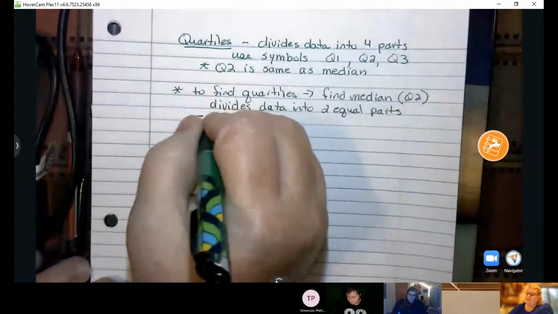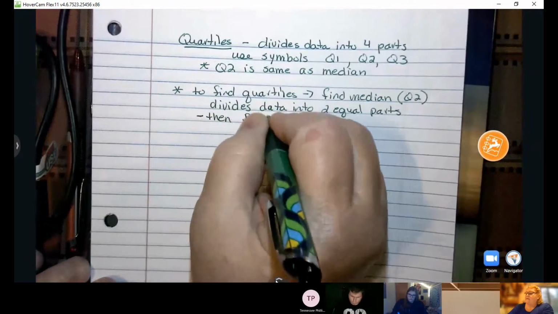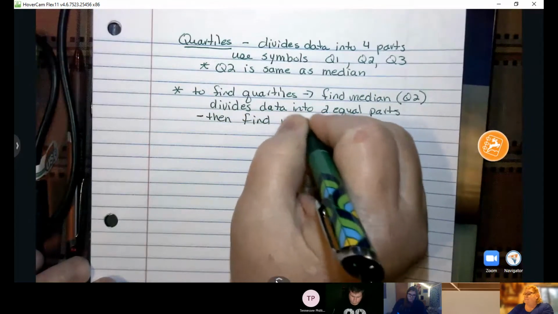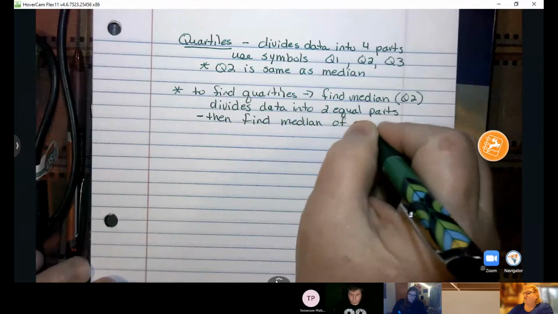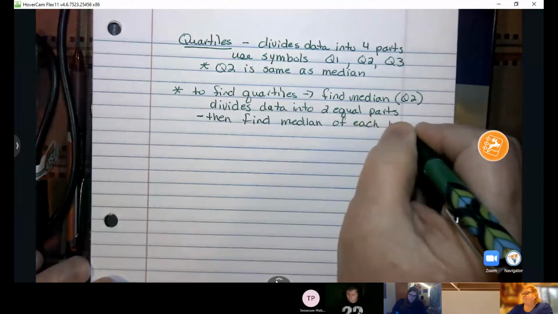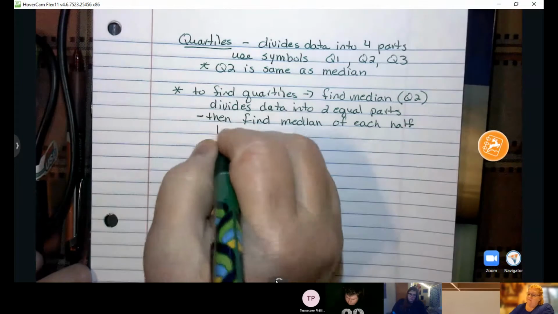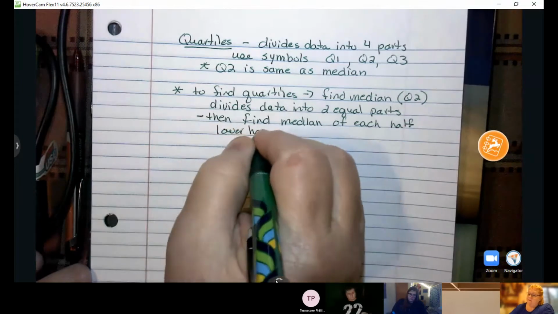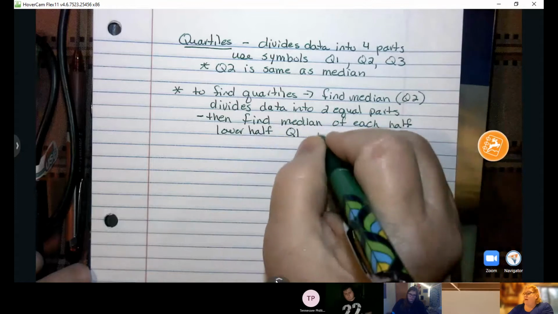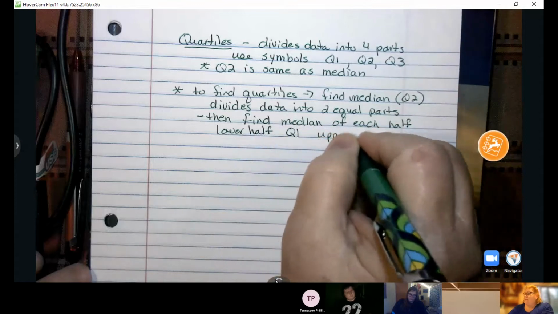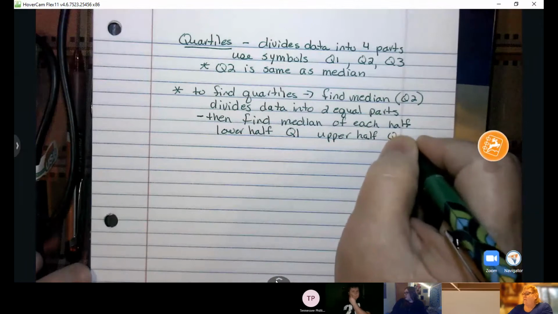And then find the median of each half. The lower half will be quartile 1, and the upper half will be quartile 3.